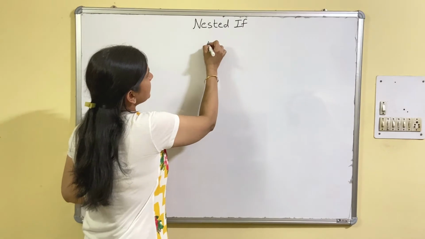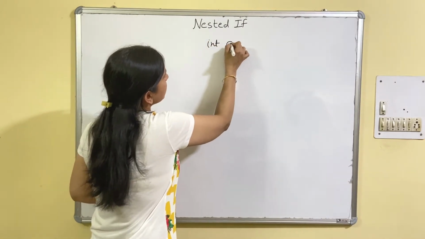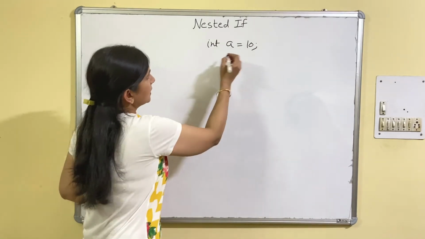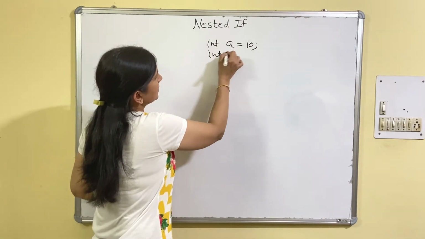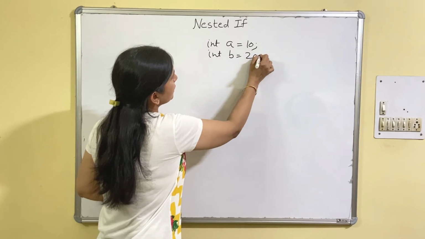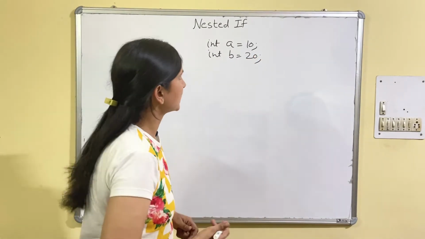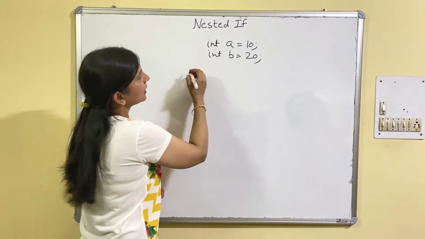So let's take a variable int a equals 10, int b equals 20. I have taken two variables a and b of int type and initialized with 10 and 20.